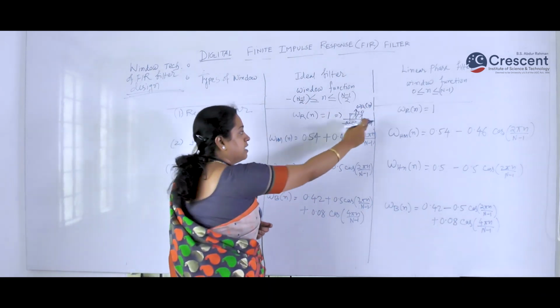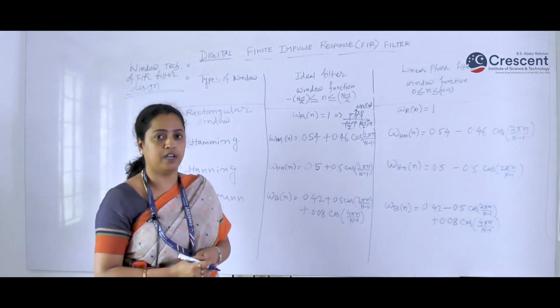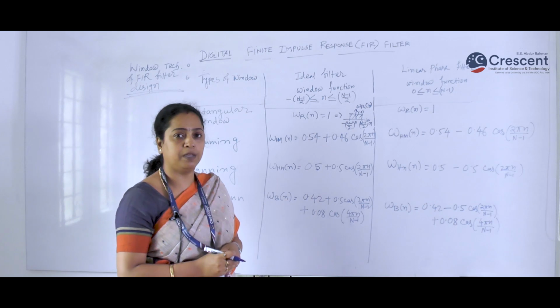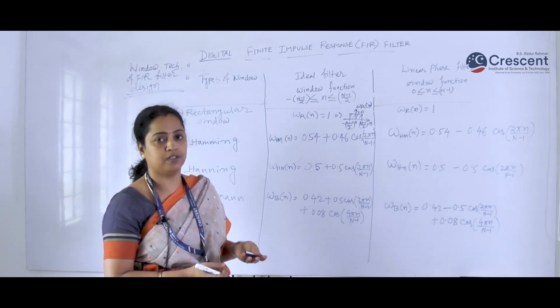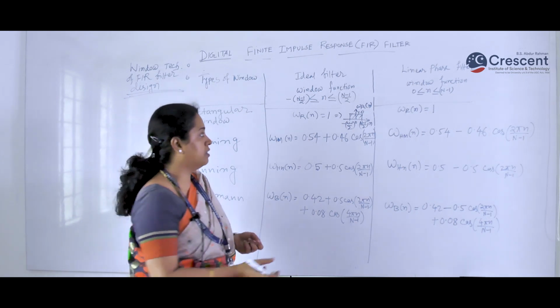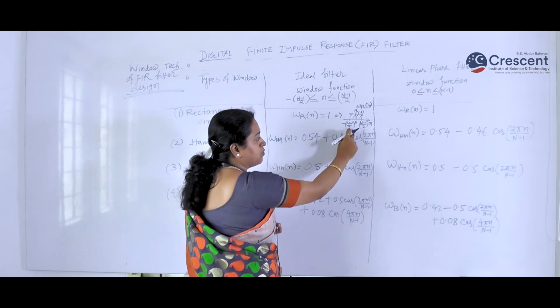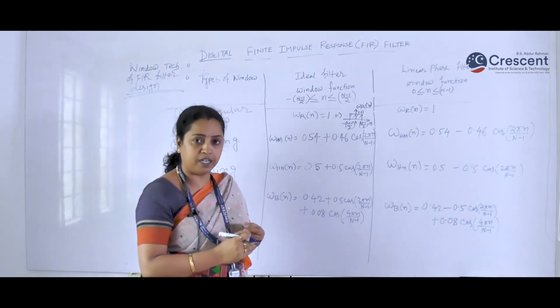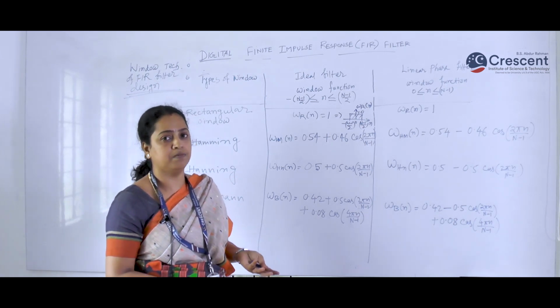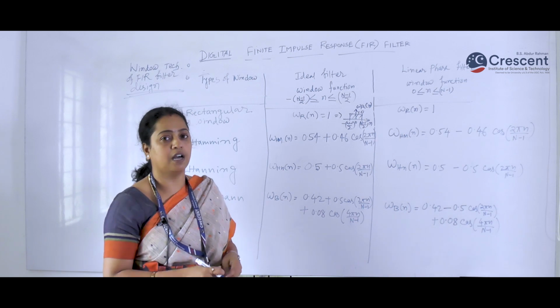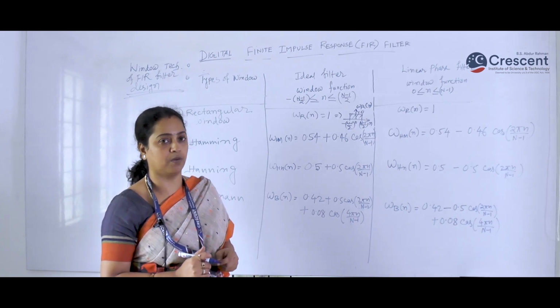Other than this range, the value of this window function is 0. So obviously when we take this function and multiply it with the infinite duration sequence hd of n, the multiplication result only from minus (N minus 1) by 2 to (N minus 1) by 2 is retained, and the remaining becomes 0. So the infinite duration sequence is converted to a finite duration sequence.